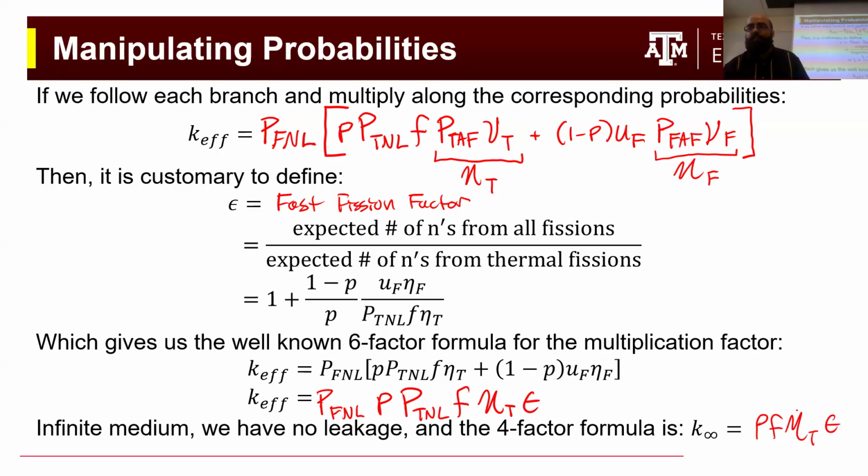Sorry, no, that's eta. And this is supposed to be an eta too. Sometimes my etas look like some weird cross between a U and an N and a V. Sorry, so eta is here and eta is here.